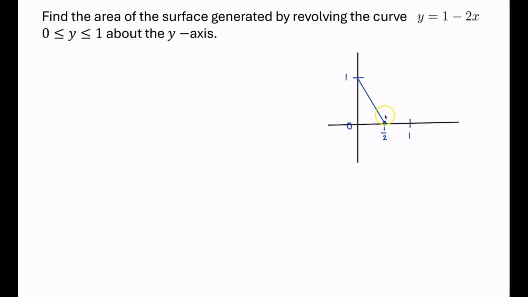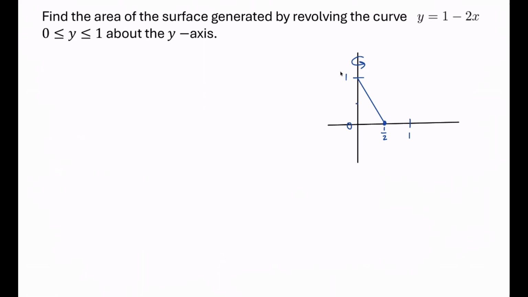So this is the arc that I'm rotating, right? Or the piece of the curve that I'm rotating, from y values from 0 to 1. And I'm rotating around the y-axis. So what's helpful is basically to draw a cross section, which is that circle, because we're interested in the circumference of that circle.